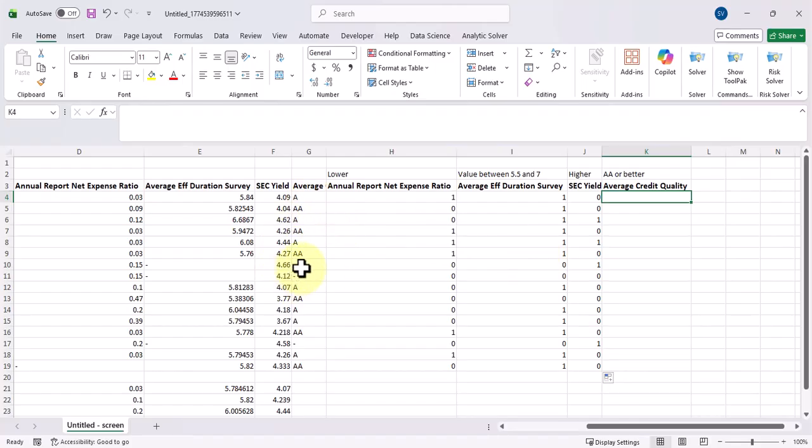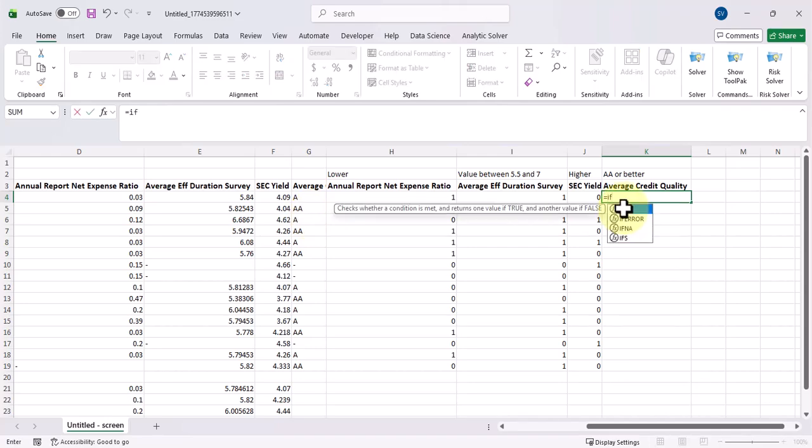Then my last one is the AA or better average credit quality. Looking at the information here, I can see that the highest is AA. So I'm going to put in here, this is a binary variable, equals IF, and again, I'm going to start off with my first test. If that value is equal to just nothing, then I want a 0.